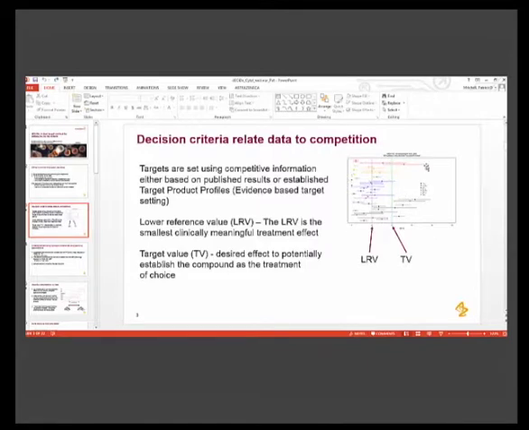What I'm showing you here in a relatively small diagram is a forest plot that has all the results that I could find from renal cell carcinoma across a number of lines of therapy. And the process by which we look at these data and then set either a lower reference value or a target value is very much a balance in thought process between biostatistics and medicine.